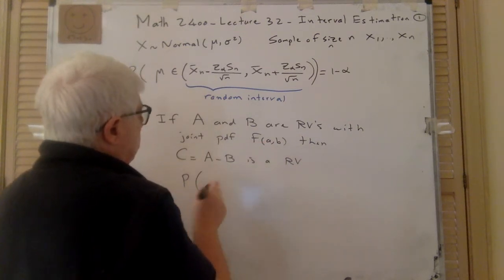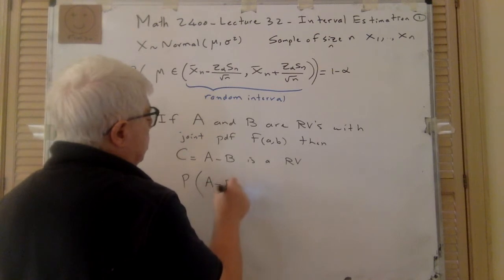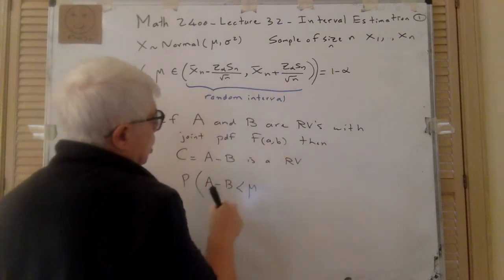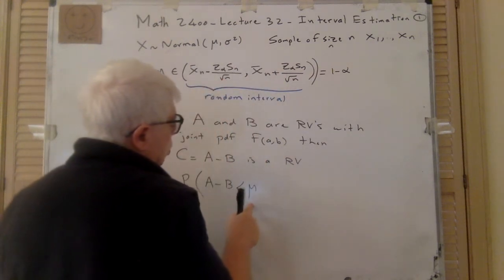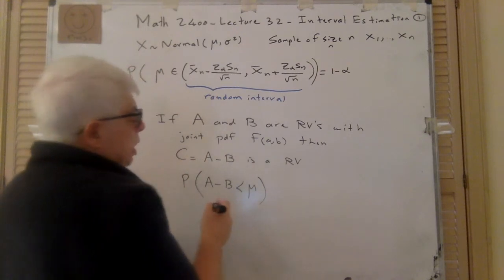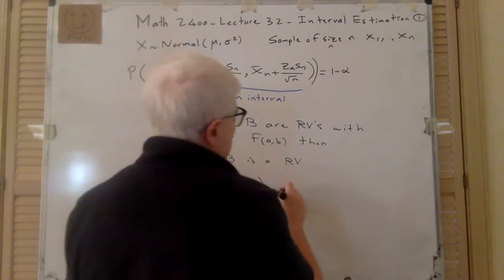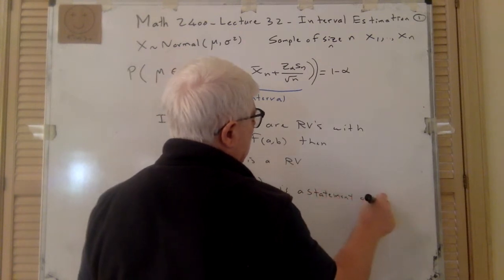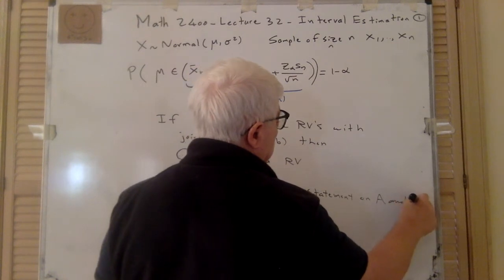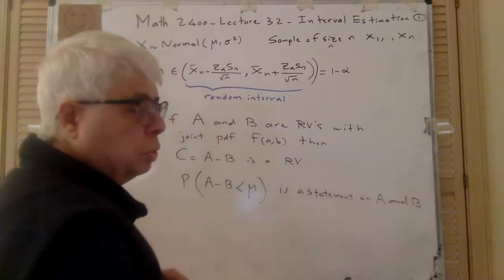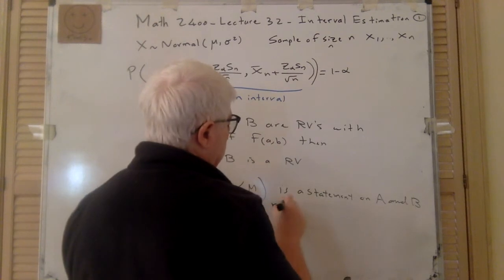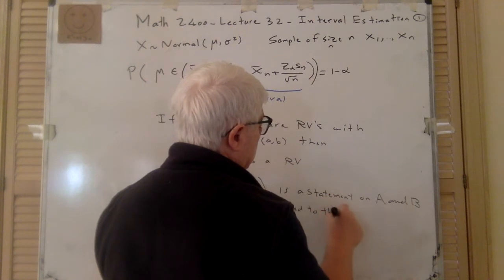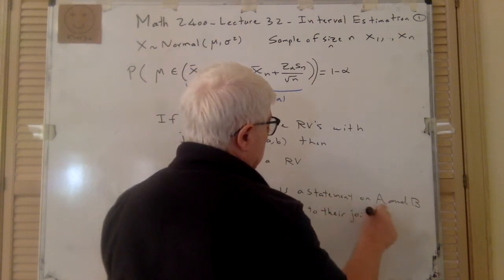So if I say p of A minus B less than mu, for example, this is a statement on A and B, related to the joint random variable, related to the joint distribution.